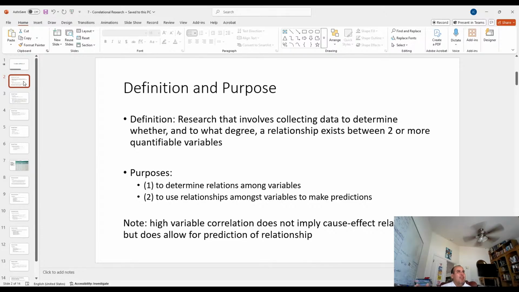Okay, so what is the purpose and definition of correlational research? As I said earlier, it involves collecting data to determine whether and to what degree a relationship exists between two or more quantifiable variables. The variables in this case, for example, let's use membership in a gang. How much of a membership are you?